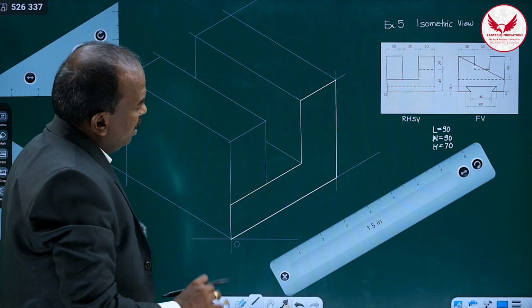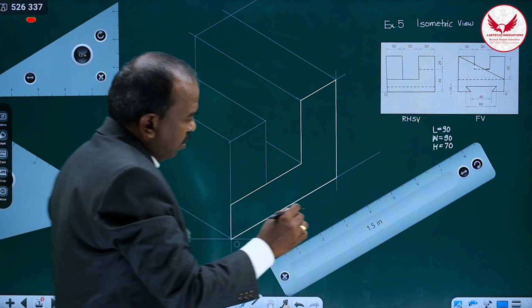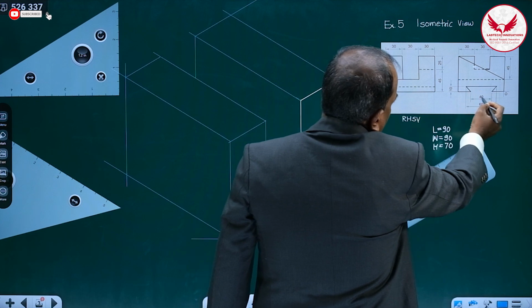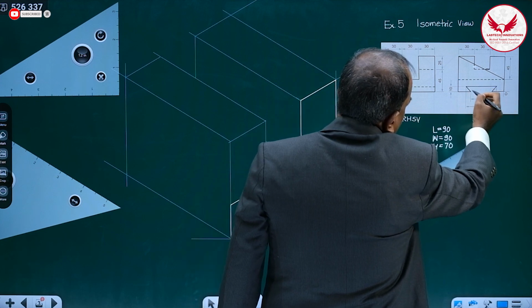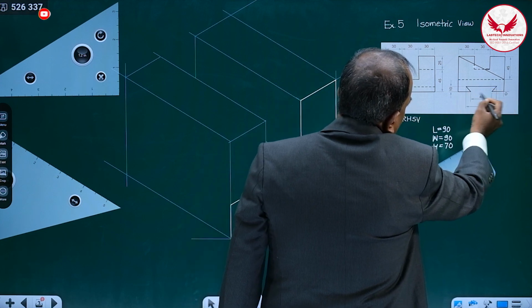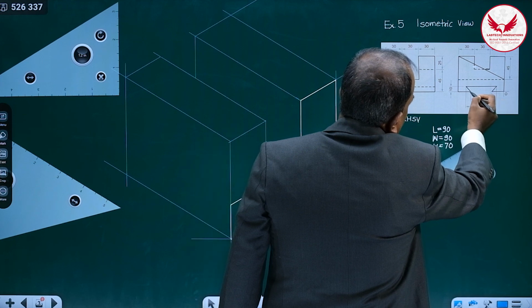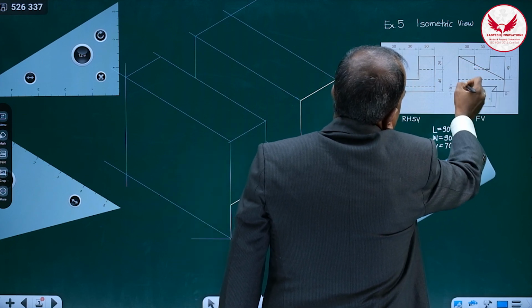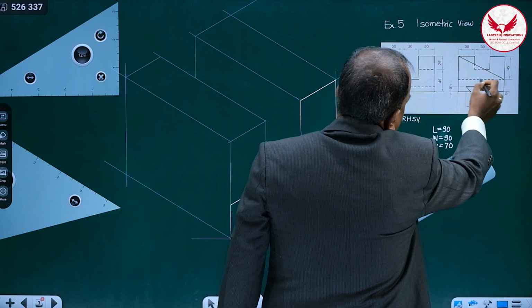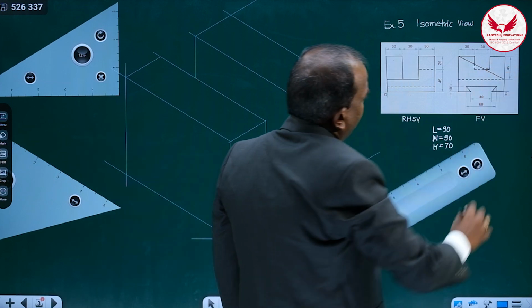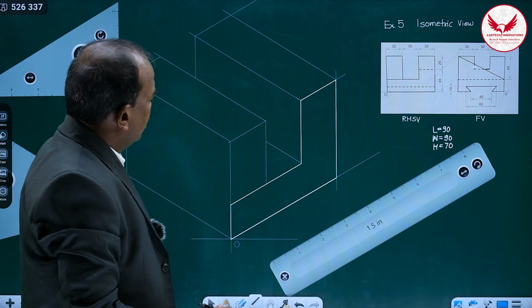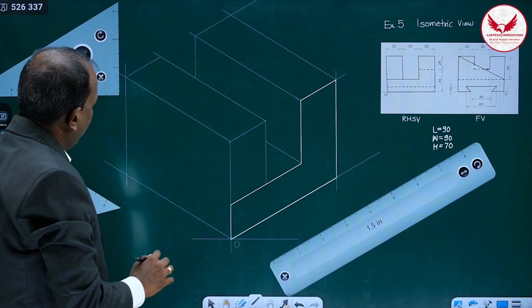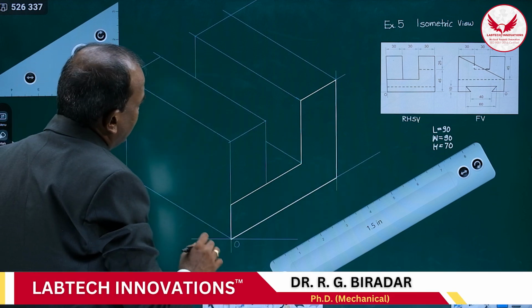Similarly, if we neglect that trapezoidal slot in the front view, then from the front view also we'll neglect this, means it will be throughout 90. Don't draw but assume it. This is 90, this is 90, and this is 70, and this surface is just like some trapezium, so we can mark that easily.